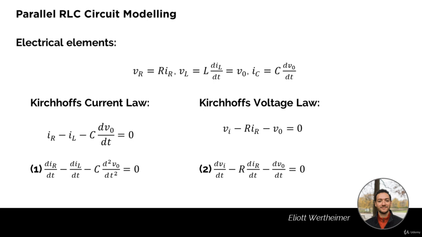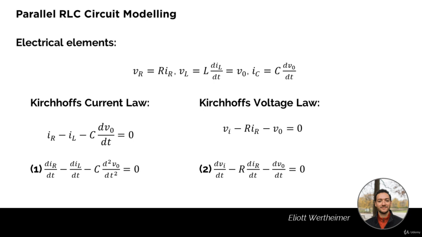As both sides are equal to 0, we can differentiate both sides and keep the right side equivalent to 0. So that gives that the derivative of IR with respect to time minus the derivative of IL with respect to time minus the capacitance multiplied by the second derivative of V0 with respect to time is equal to 0.